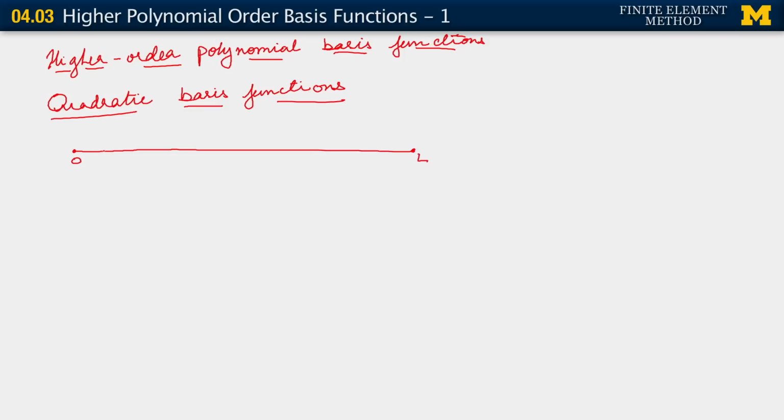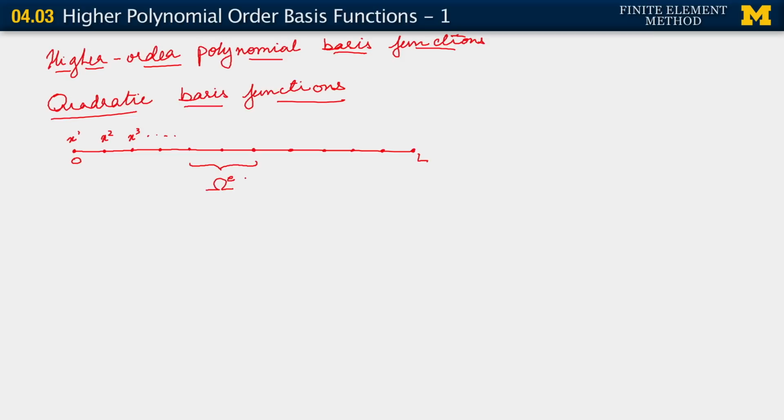So let's suppose that these are our nodes. Okay, so that would be x1, x2, x3, so on. And now let's suppose that this is element omega e.